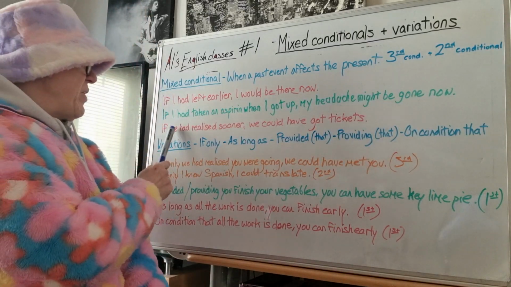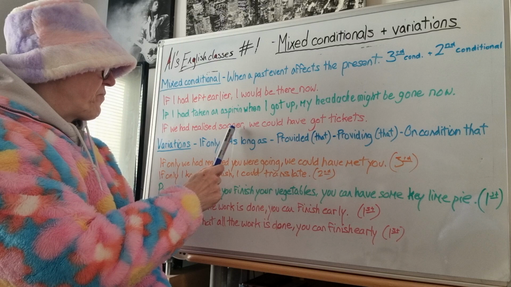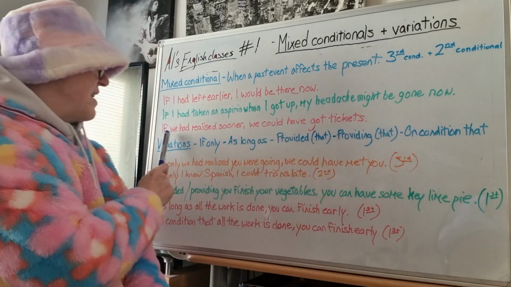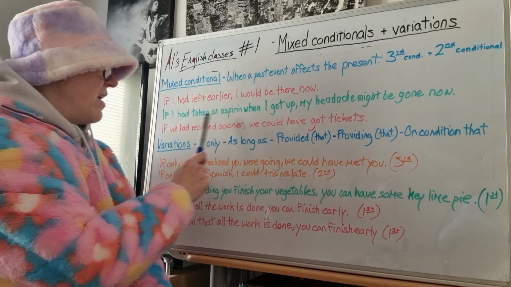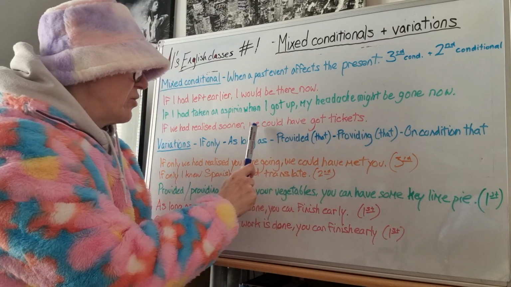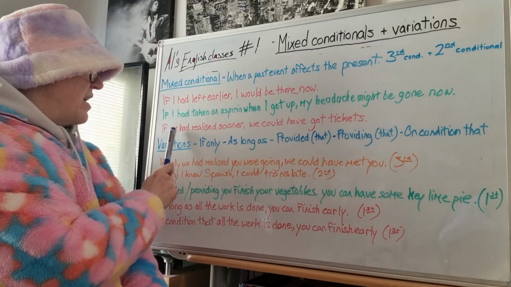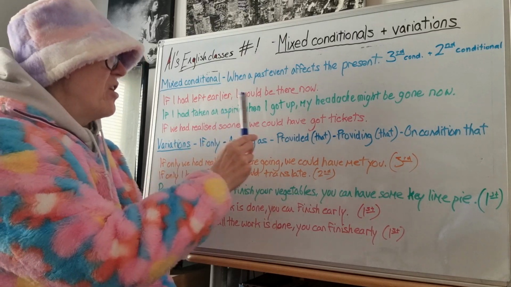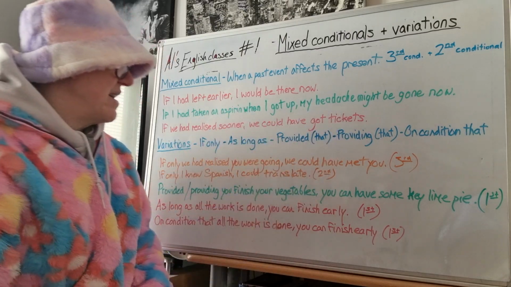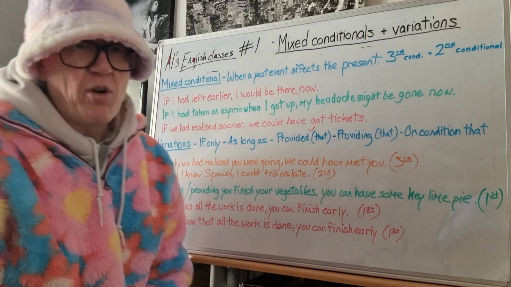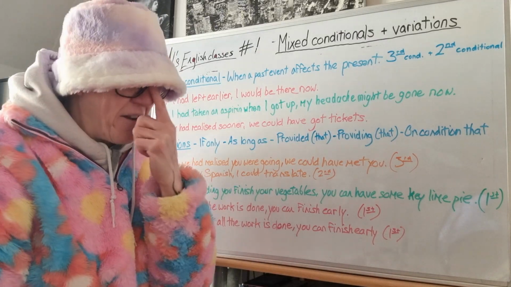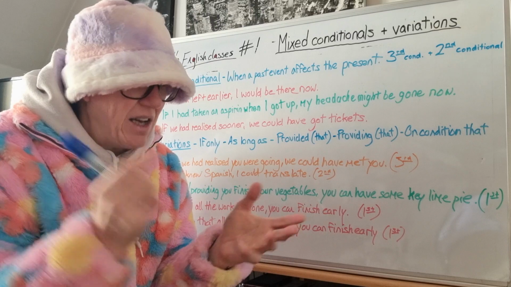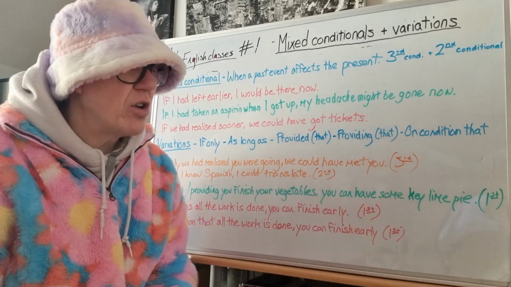Okay, if we had realized sooner, we could have got tickets. Third conditional, second conditional. Could plus infinitive, third conditional, had plus past participle. If we had realized sooner, we could have got tickets. Now, for example, your favorite band or singer is playing live and you see it advertised. And oh, look.